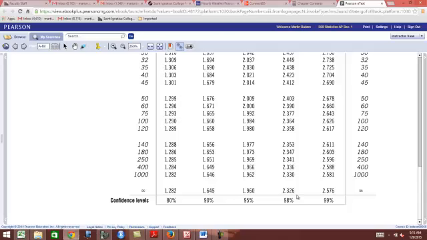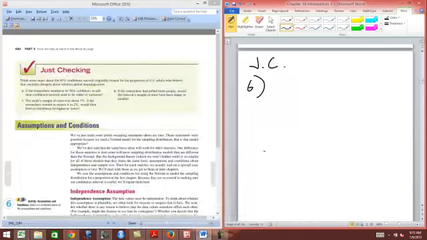That's 2.326. So we would be multiplying the standard error by 2.326 as opposed to 1.645. Therefore, it would have to be wider, which means we have a bigger area in which we are speculating that p resides.